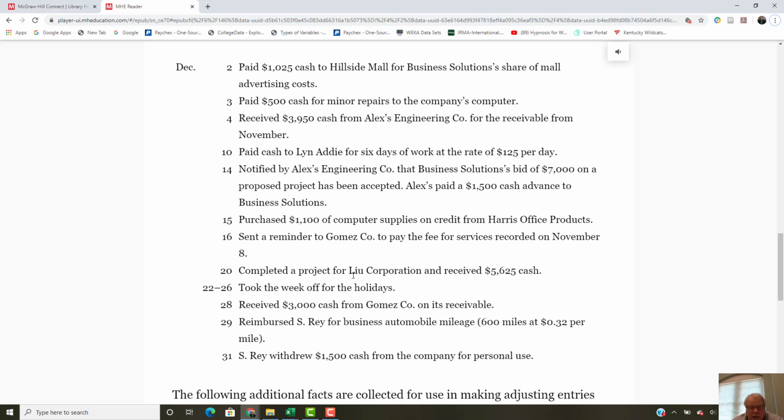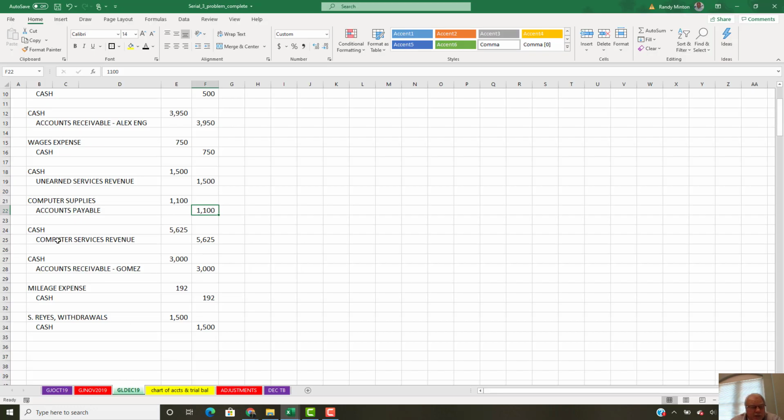On the 20th, completed a project for Lee Construction Corporation, and received $56.25 in cash. So what we did was we went out and did some work for this company, and they paid us in cash. If we pop back over here, you see the cash going up on the left-hand side.